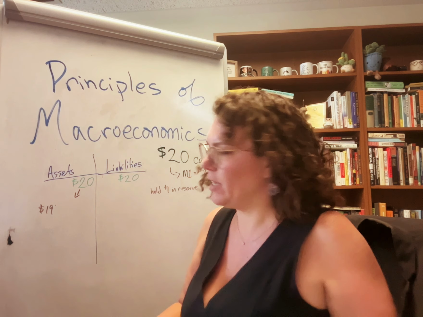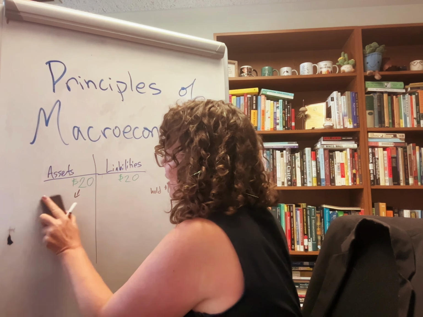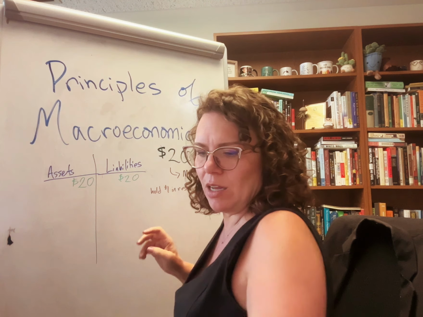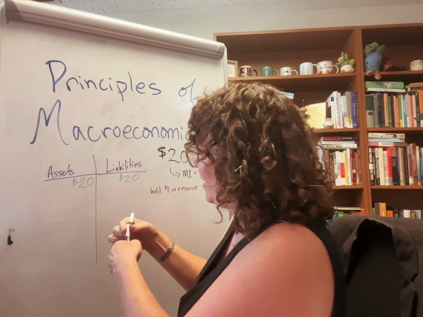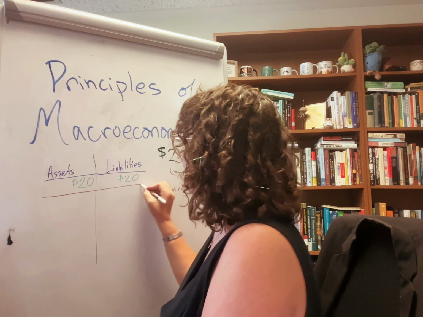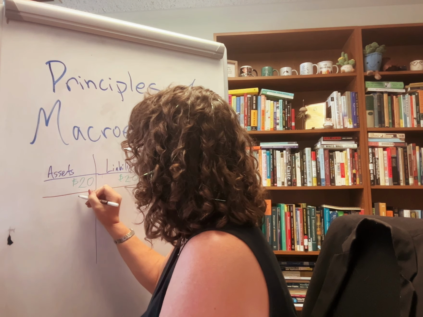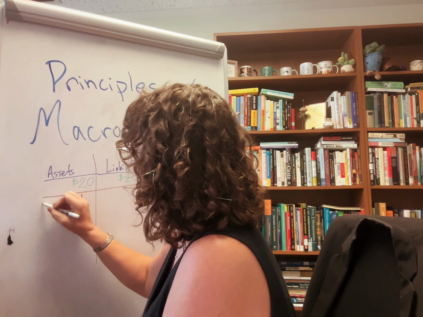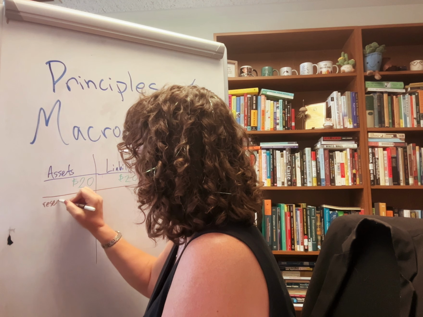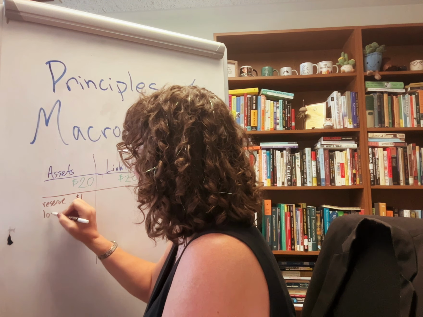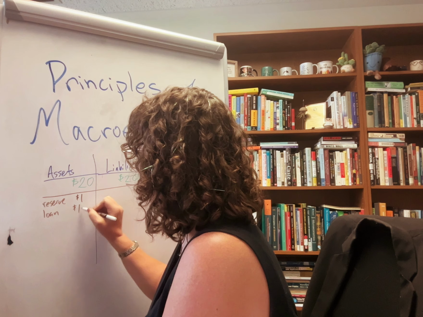Now let's put it in here. So that $20 is going to turn into a $1 reserve and a loan for $19.